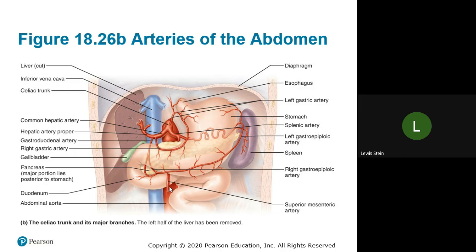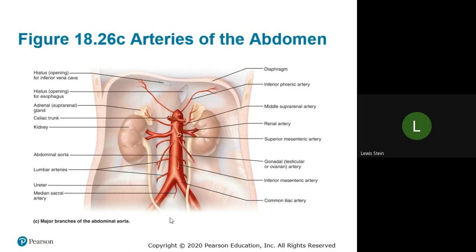I mean, you've got 20 to 30 feet of that bowel. So the superior mesenteric artery is the principal supply to that small intestine. And farther down, you're going to see the inferior mesenteric artery. That takes care of the rest of the small intestine and much of the large intestine. So we'll get there. This is a good view, and I use this view.